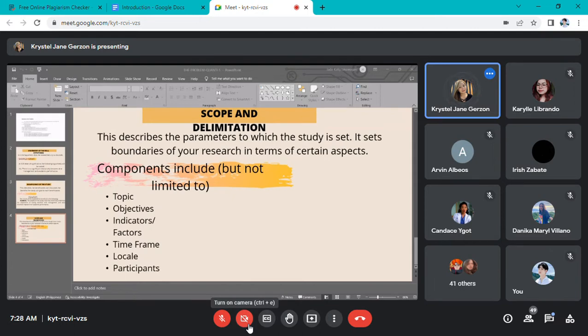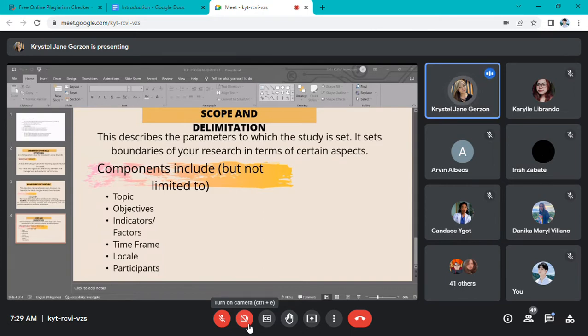So in scope and delimitation, this is also where you are going to discuss or explain the logical reasoning nganong STEM students ang inyong gi-include, nganong ang other nga strands dili man appeal sa inyong study. And or let's say for example, nganong grade 12 man ang inyong kuhaon, nga ang uban nga mga grades or grade 11 dili man ninyo apilon sa inyong study.